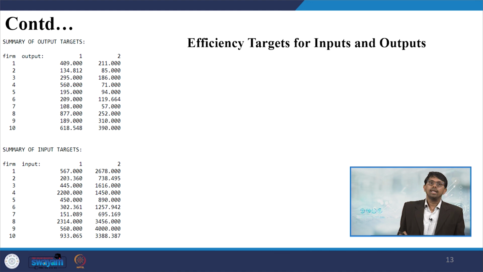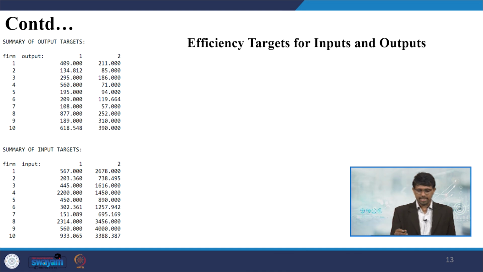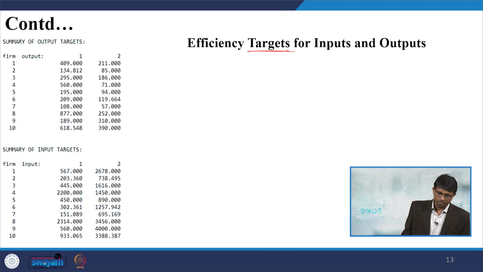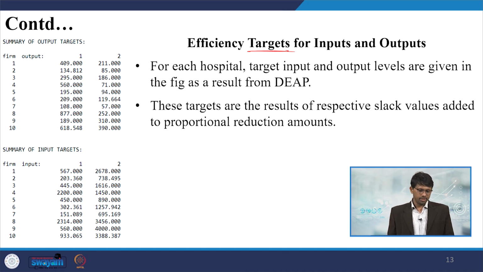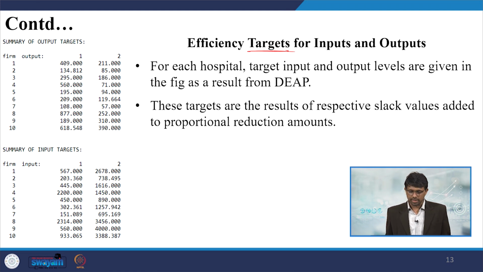Okay. Another result is given called efficiency targets for inputs and outputs. If you remember, when we say targets, that means we are actually sticking to target analysis, which is already mentioned, like this type of mapping we mentioned. Okay. Summary of output targets, and here slacks are also important. Okay. And for each hospital, target input and output levels are given in the figure as a result from DEAP.